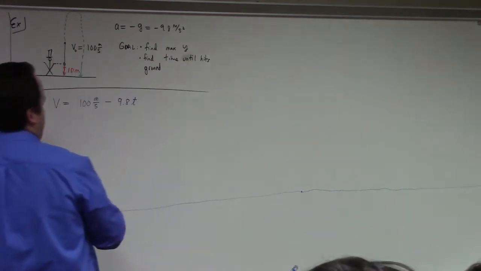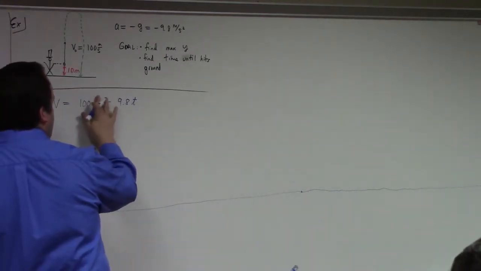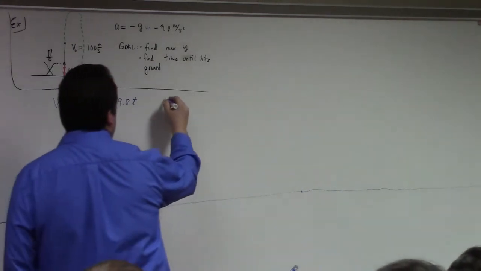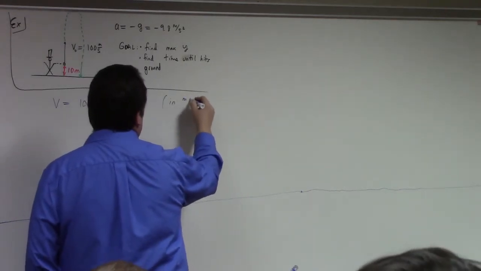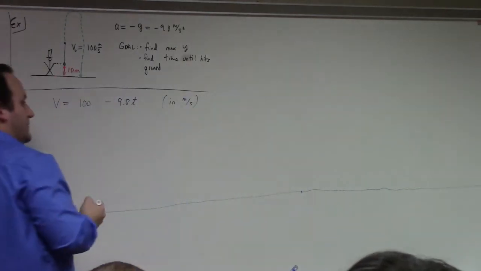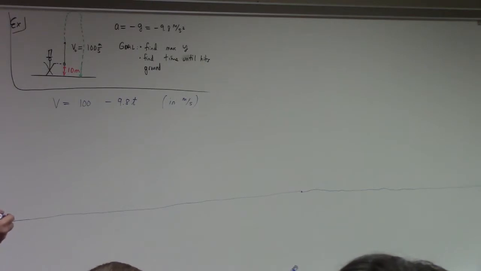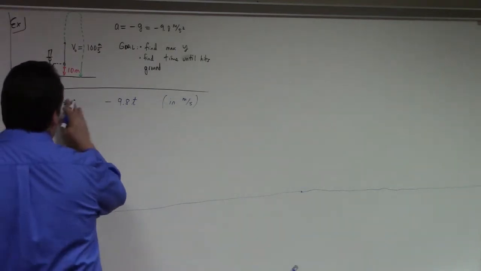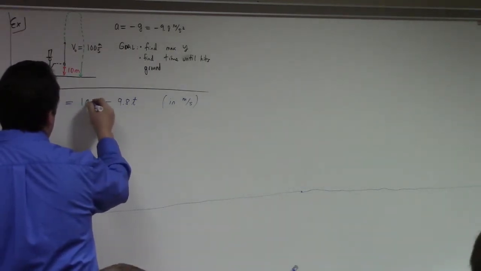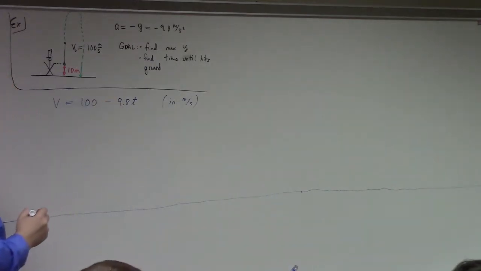I'm going to be lazy here and erase the meters per second, and we'll work in implicit units of meters and seconds to avoid writing a bunch of multipliers. This will be okay as long as I stick to meters and seconds and don't throw in centimeters. So 100 minus 9.8t. That's the velocity at time t.